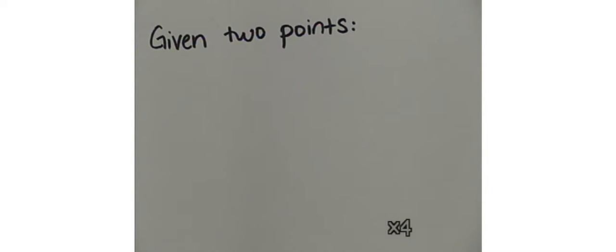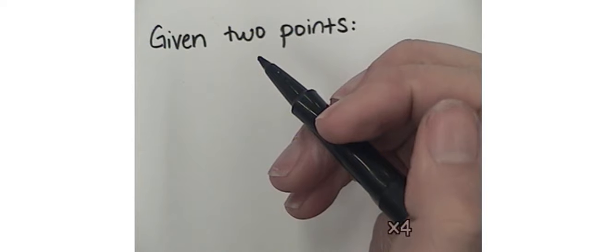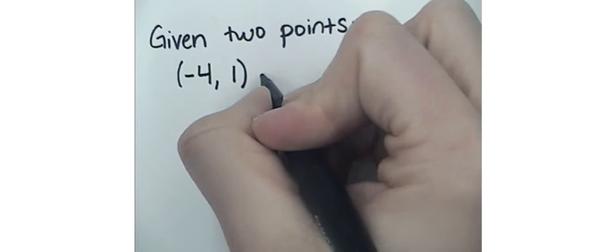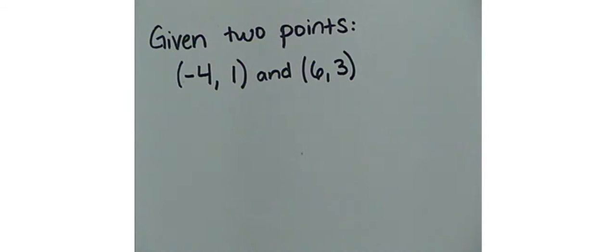So if we're given 2 points, let's do (-4, 1) and (6, 3). Now remember our formula is y2 minus y1, so it might help us to label these points first.